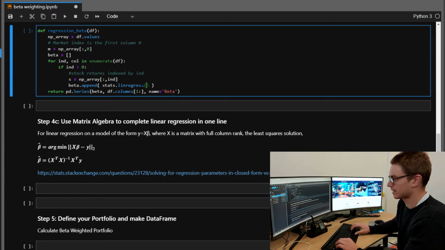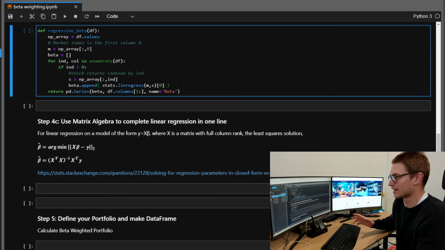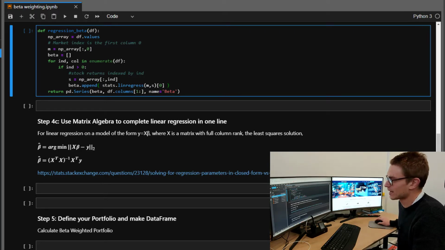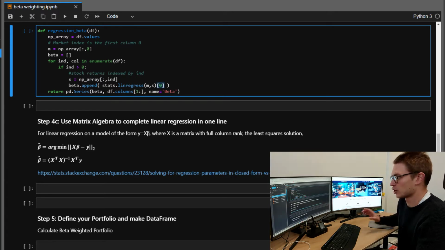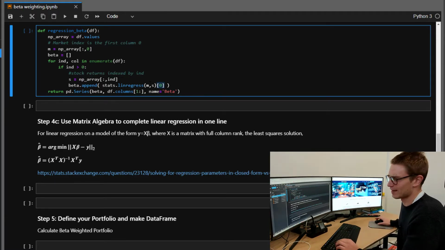So scipy, stats, linregress, and we're going to take market and s with each other. It's important to know that this function does give you a whole bunch of things back. But if you index on the first variable that comes back from this function, you're going to get the actual gradient, the relationship between both of these variables. And that's what we want. That's what beta is. So we're indexing by 0 there.